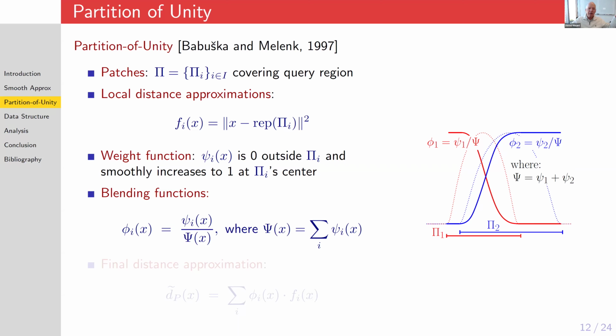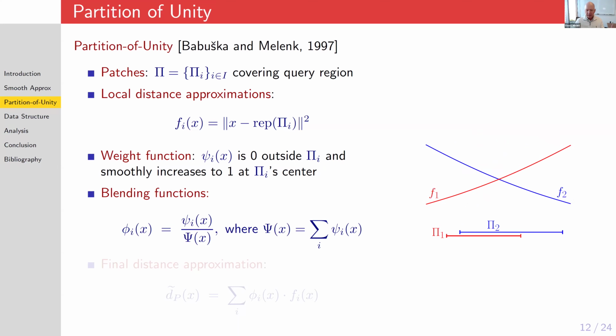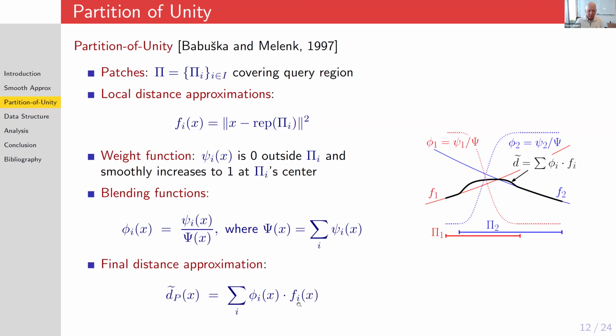So even though I'm going to have a very, very large number of patches over the entire space, at any given point, there's only going to be a constant number of patches that overlap. So only a constant number of these need to be blended together. And the final approximation is going to come by just averaging these blending functions times the various weights, right?